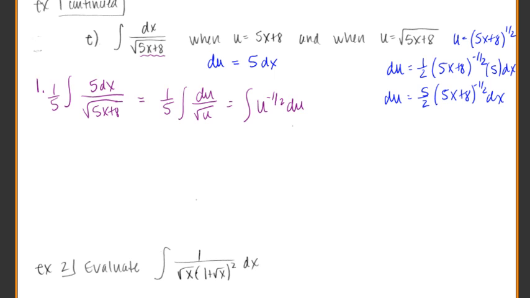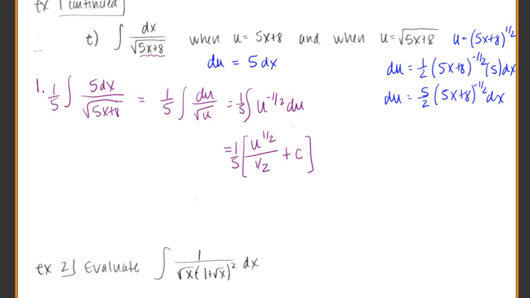If I put it all in one line, take away the fraction, then it'll be a negative 1/2 power. Well, we have a rule for that. We're going to add 1 to the exponent, so it becomes a positive 1/2, and divide by the new positive 1/2. Oops, I forgot the 1/5, didn't I? Let me put that in there. And then we want to add, of course, never forget, plus c.